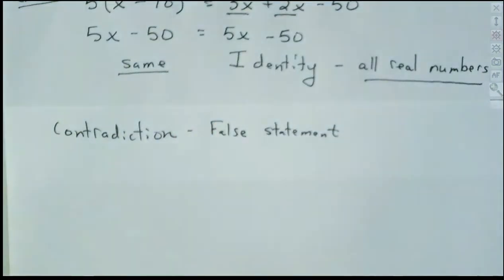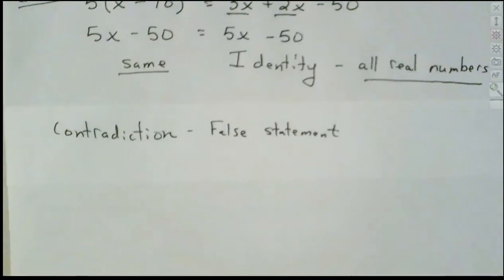And let's just take a moment and think about a courtroom. If they accuse you of giving contradictory testimony, what does that mean? That means you lied, you gave a false statement, right? Maybe the person wasn't there, but you said that they were. You gave contradictory testimony, a false statement.